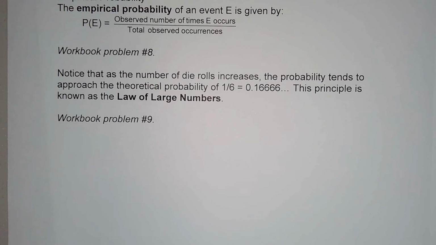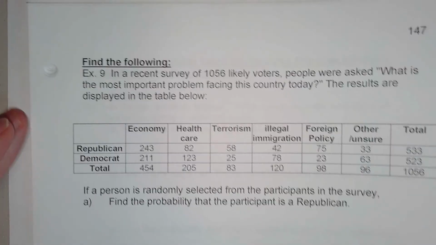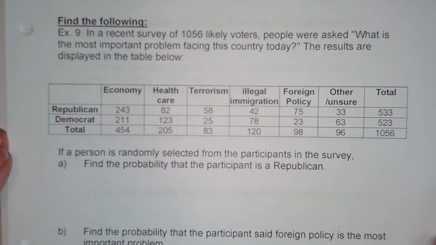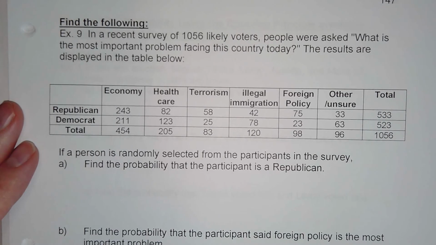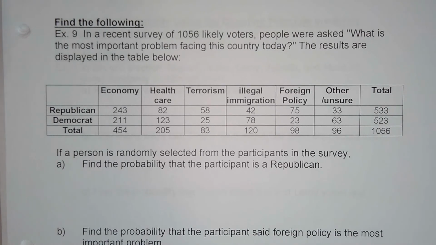So let's go to page 47. And this should look very familiar. In a recent survey of 1,056 likely voters, people were asked, what is the most important problem facing the country today? Results are displayed below.